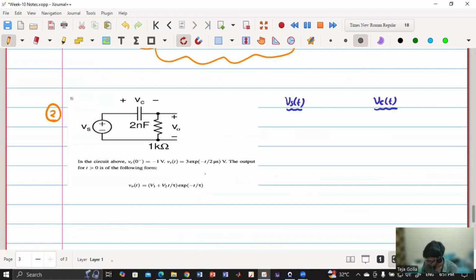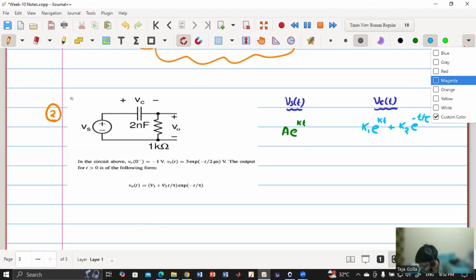Now I am saying if Vs of t is some a into e to the power some constant k into t, then the output we are getting is something like k1 into e to the power kt plus k2 into e to the power minus t by tau. So this happens when the input is some k into t.